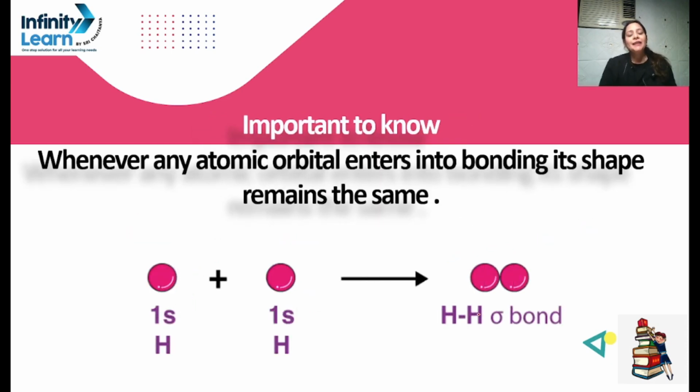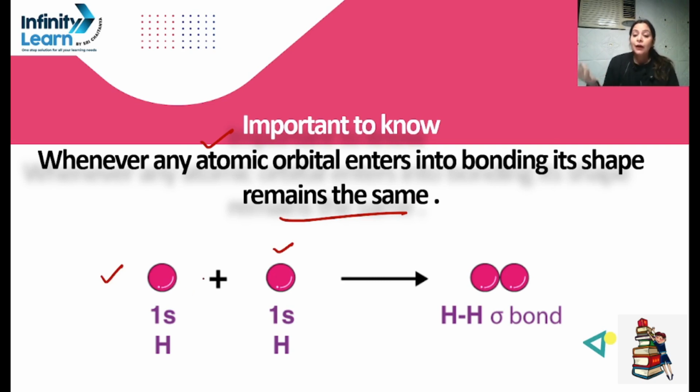Now whenever any atomic orbitals enter into bonding, there is no change in their shape, or you can say their atomic orbital shape remains the same. For example, in this case, we have taken the s orbital, and the s orbital is spherically symmetrical.